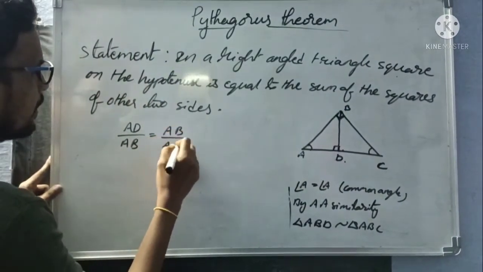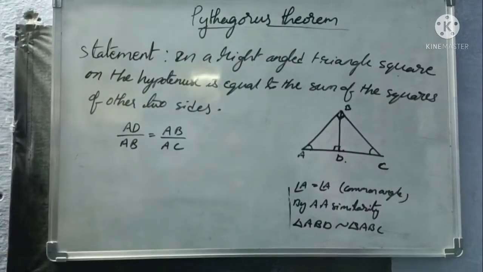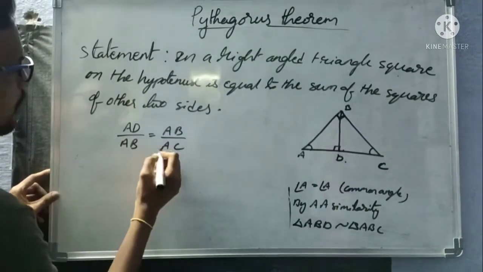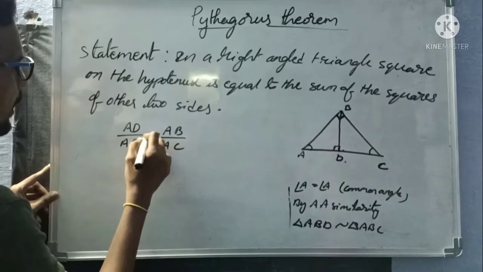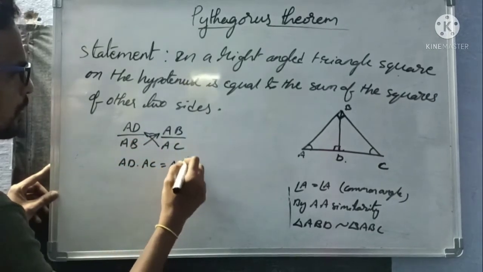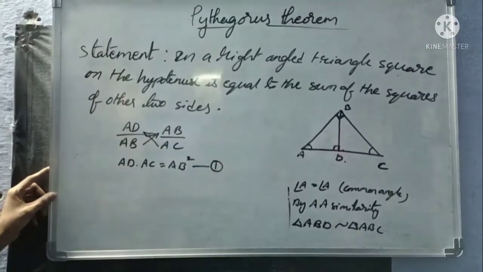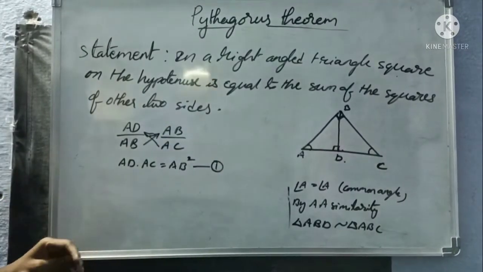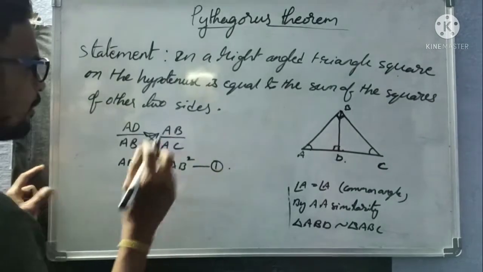AB by AC. So now cross multiplying, AD into AC is equal to AB square. This is equation 1. So up to here everybody understood now?